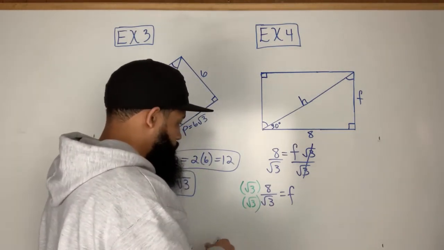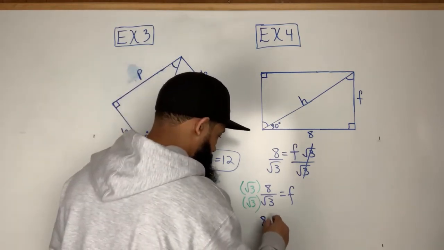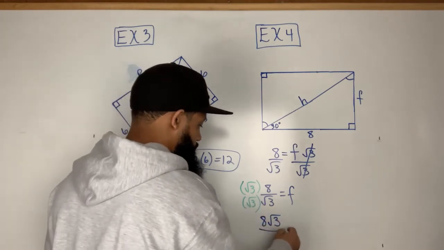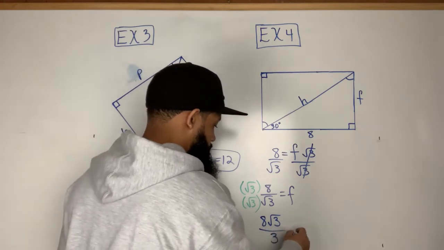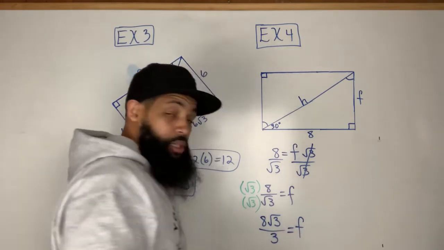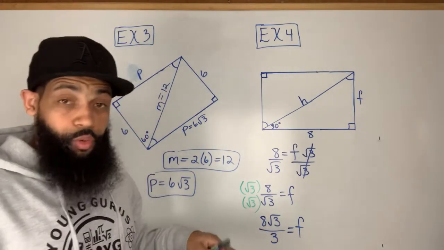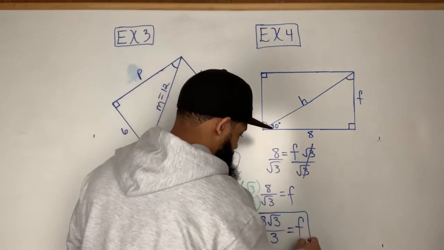When I do that, I get 8 times the square root of 3 on the top, and then the square root of 3 times the square root of 3 is simply just 3. So F in this case is 8 times the square root of 3 over 3.